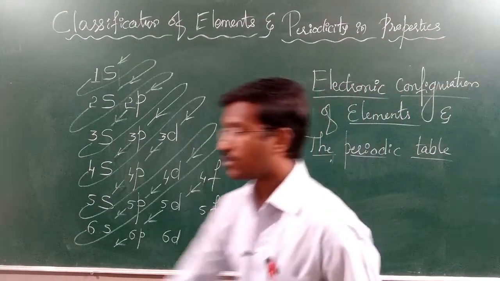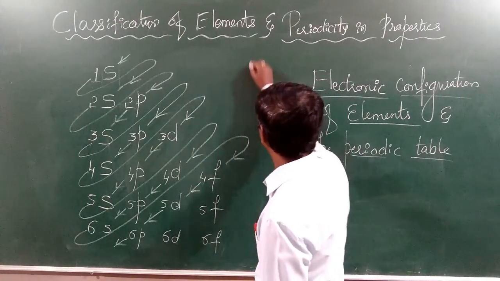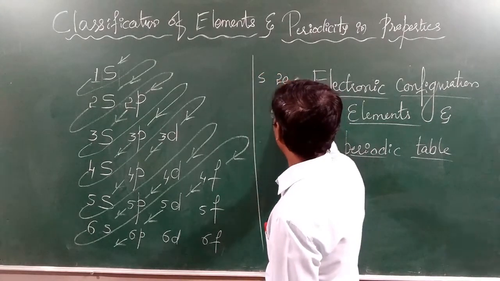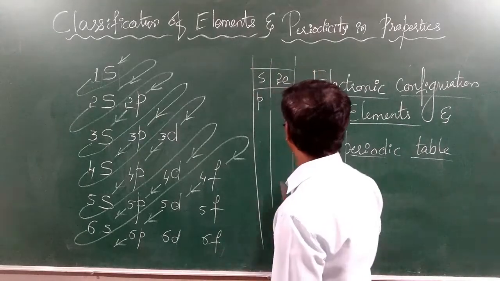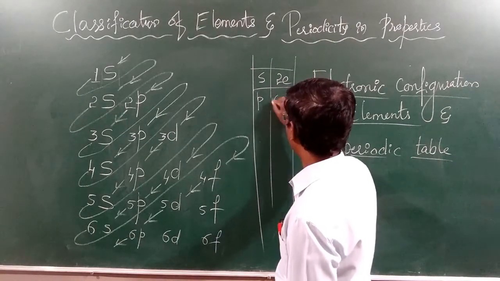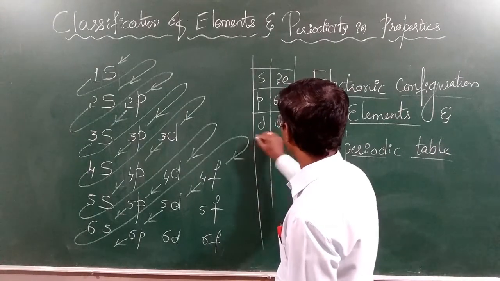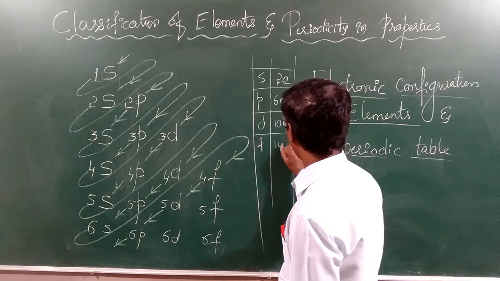How many electrons can fill in s? s can fill 2 electrons, p can fill 6 electrons maximum, in d we can fill 10 electrons, and in f we can fill 14 electrons.